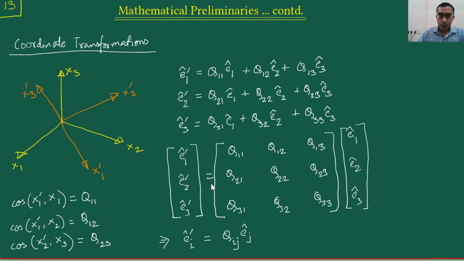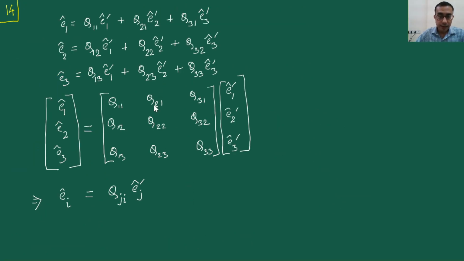What I mean to say is that this is a matrix equation, and you can invert these equations to obtain the E1, E2, E3 in terms of this E1 hat dash, E2 hat dash, and E3 hat dash. But in this particular case, we are not doing that. We are purely following the geometrical arguments to set up these axes, and they are as they are appearing.